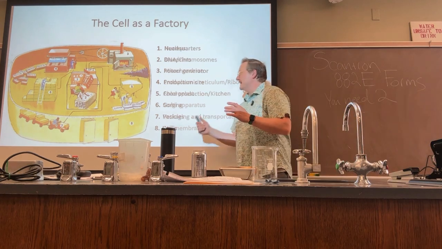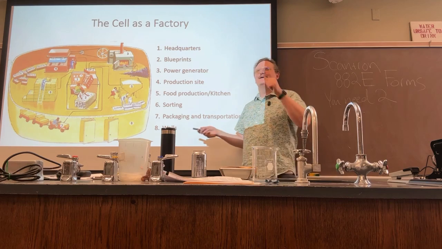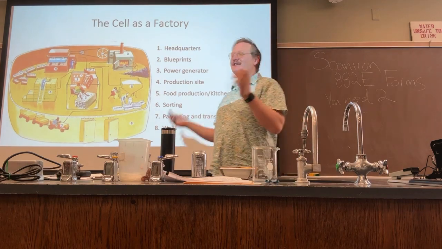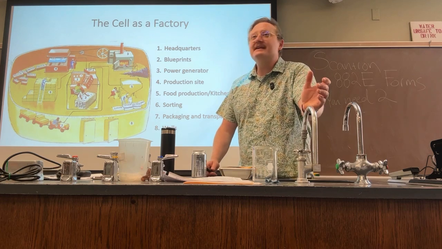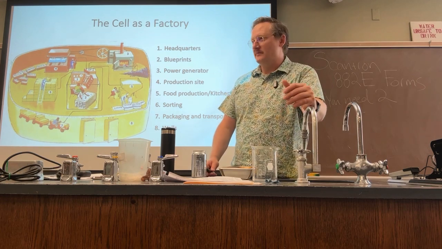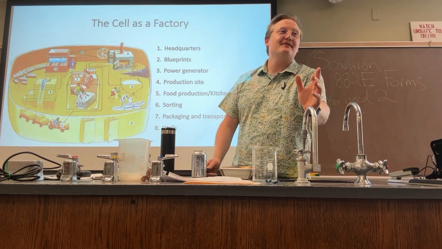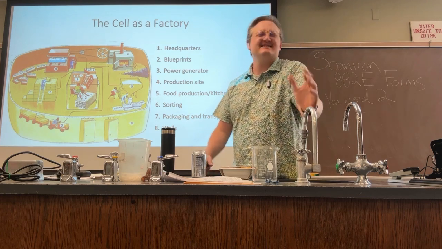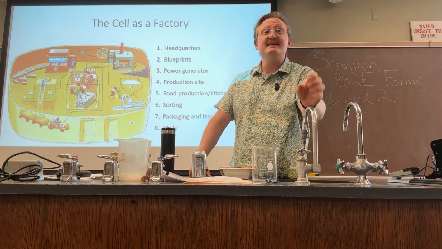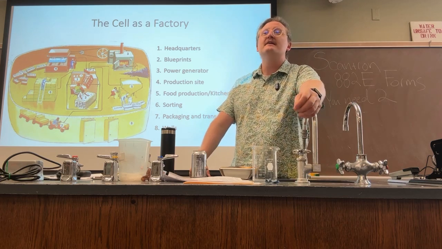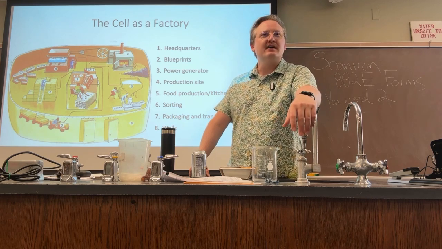In order to get food for all of the functions that are going on inside of the cell, you can have a kitchen inside of the factory, or you can send out for food. This is the division between an autotroph, meaning self-feeder, and a heterotroph, meaning other feeder.